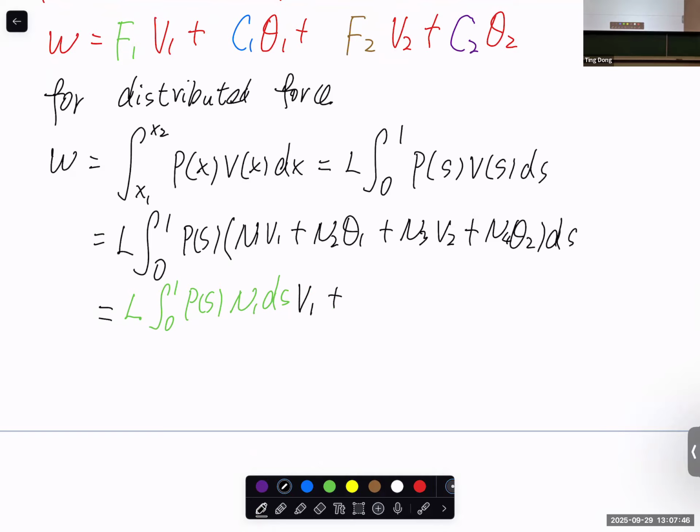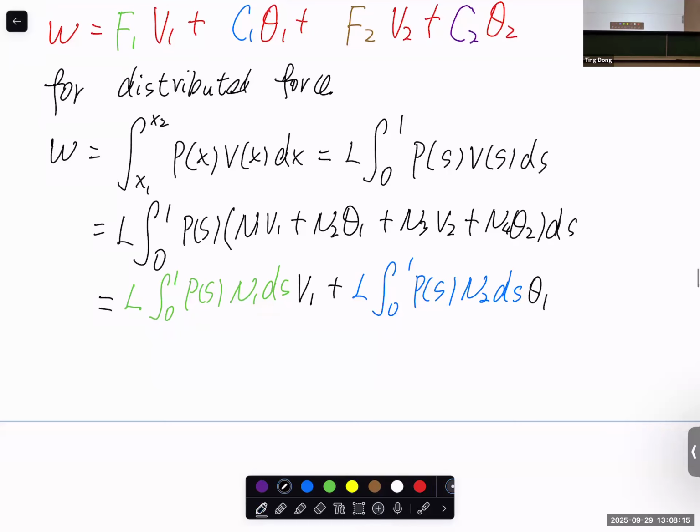Second component, use blue color: the integral of L, P S, N2 ds, and theta 1.